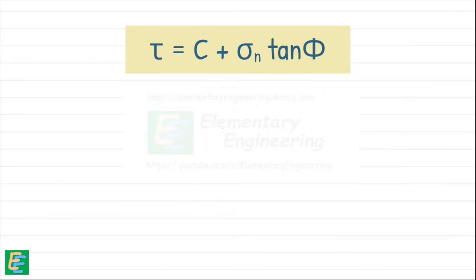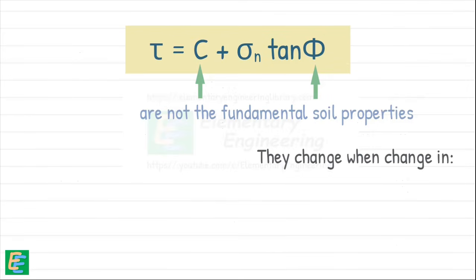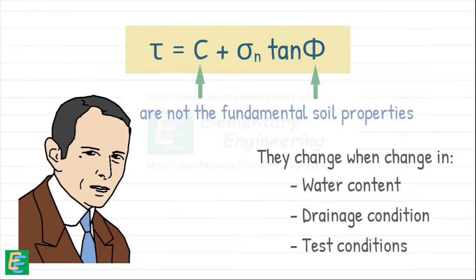Later research showed the parameters C and phi are not actually fundamental soil properties like it was initially thought. They can change based on things like water content, drainage, and how you test the soil. Also, Terzaghi figured out that it's the effective stresses, not the total stresses, that really control the soil's shear strength.